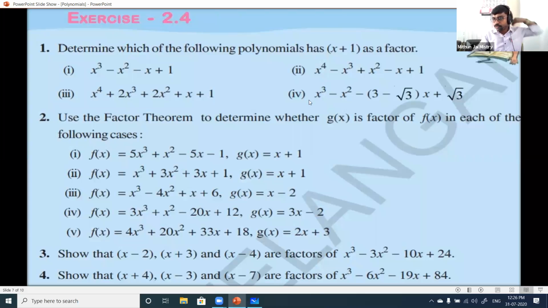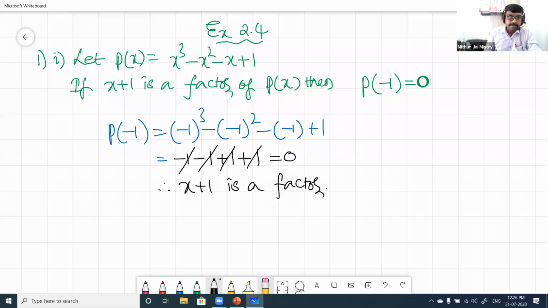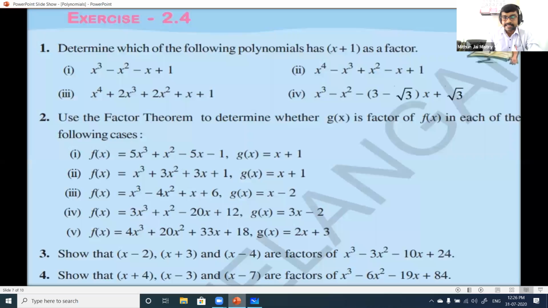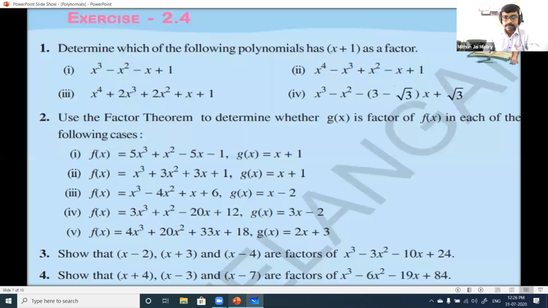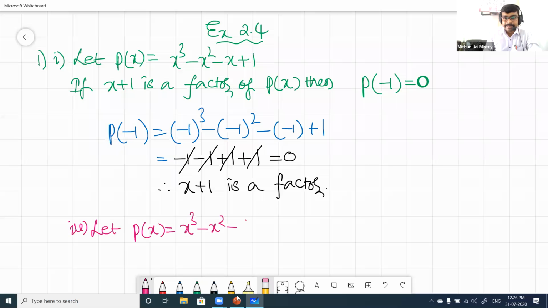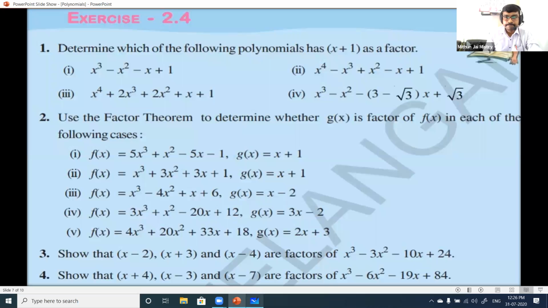Shall I go with the fourth one here? Let me take the fourth one as p of x. p of x is equal to x cube minus x square minus 3 minus root 3 into x plus root 3.